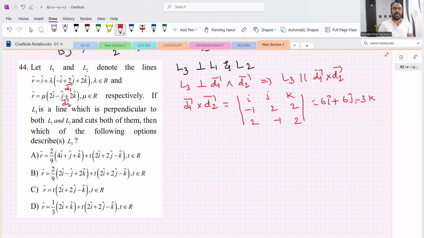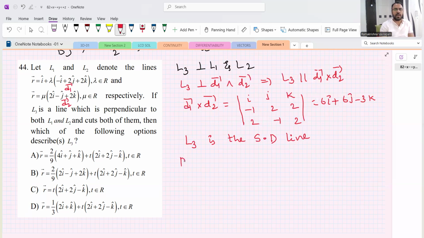All right. So here, L3 is the line which is perpendicular to both L1 and L2 and cuts both of them. Then which of the following options describes L3? So L3 is the shortest distance line, which is perpendicular to both L1 and L2 and it cuts both of them.